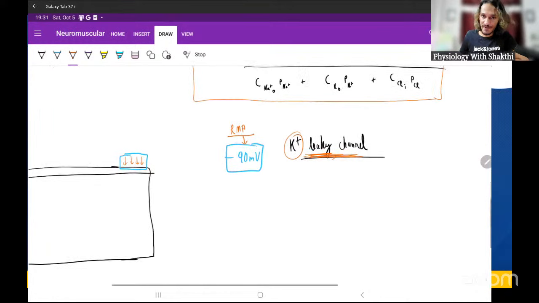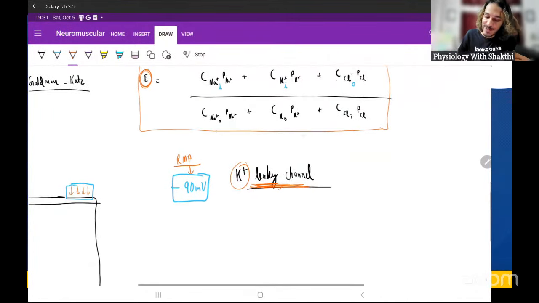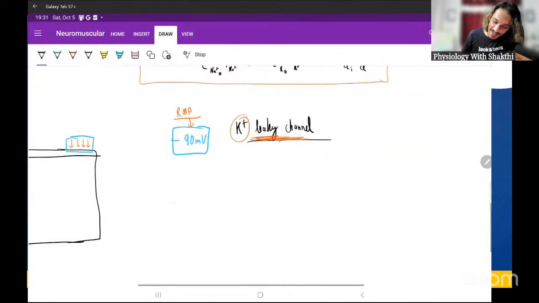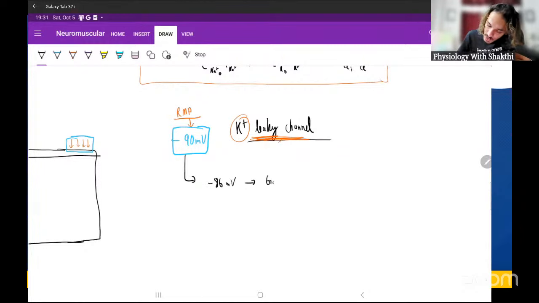Okay, so if I were to put the values of all of this in the Goldman-Katz equation, you see that out of this minus 90, you get a value of minus 86 millivolt by the Goldman-Katz equation. Now we're confused. According to the Goldman-Katz equation, it should ideally come to minus 86, but we're getting minus 90 millivolt.